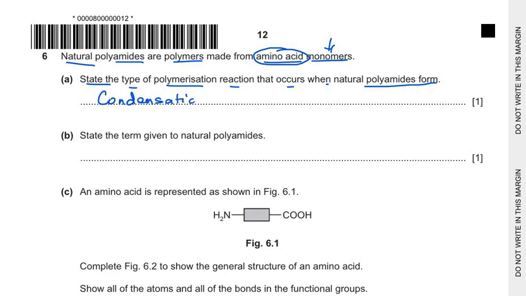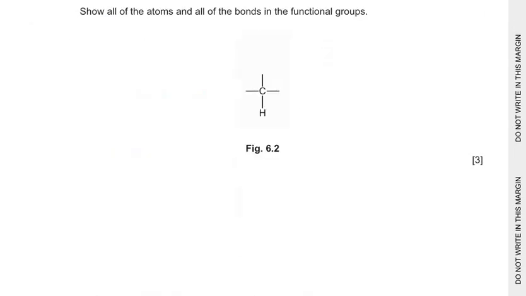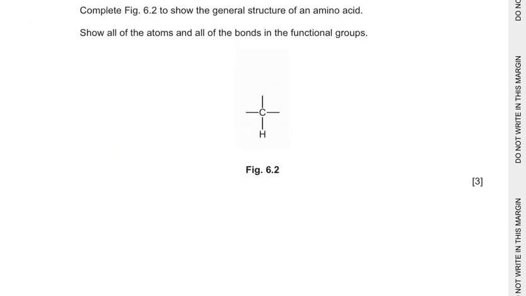So condensation polymerization is the answer. The other type of polymerization is addition, but that is not possible here. State the term given to the natural polyamides, and that is proteins. Amino acids join up to form the protein, so we call it proteins.